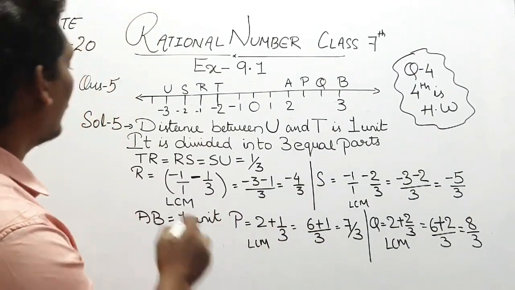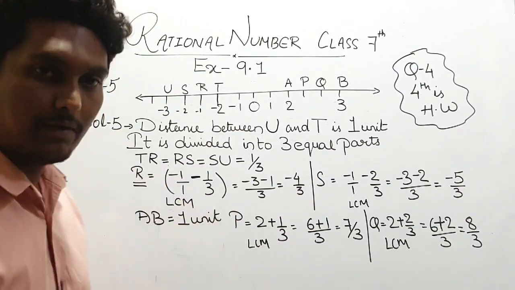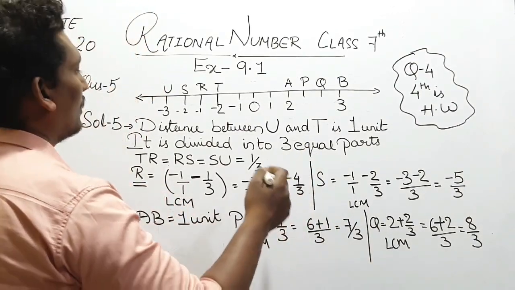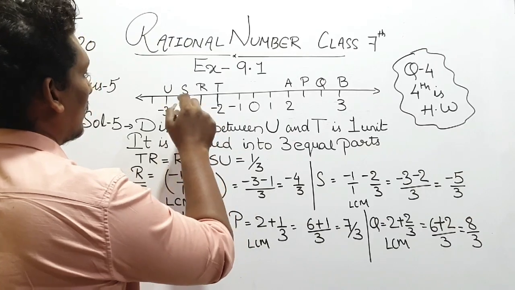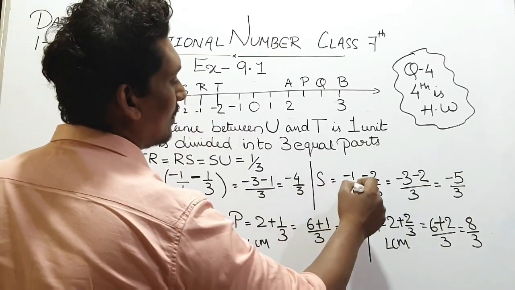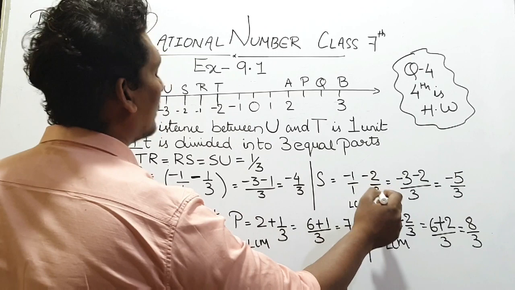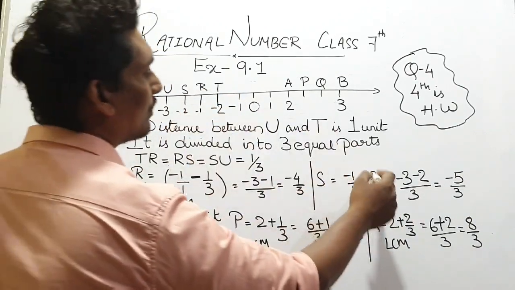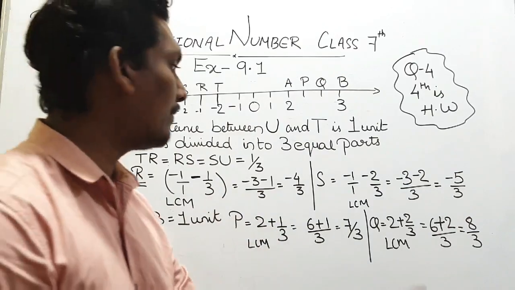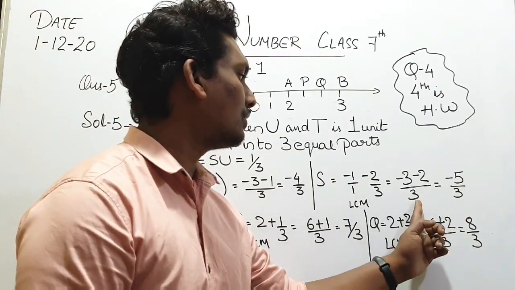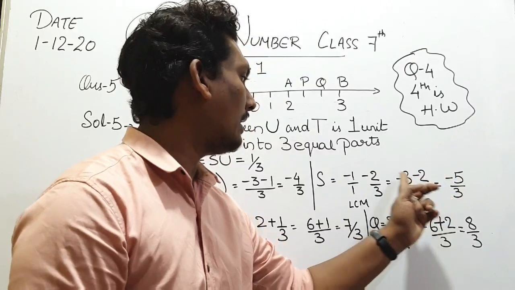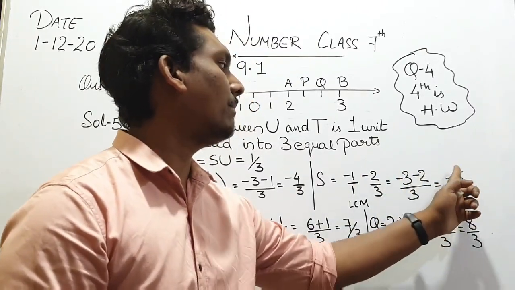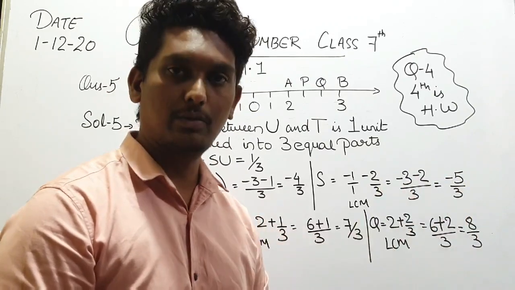Okay, so first we got the value of R. Same way we have to find the value of S. So -1 by 1 minus 2 by 3, because it is the second part, right? Again the same process, we find the LCM of 3 and 1. Here we got the LCM 3, and on the top -3 and -2 will become -5 by 3.